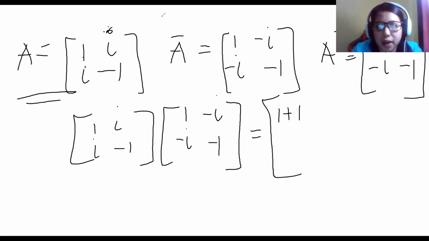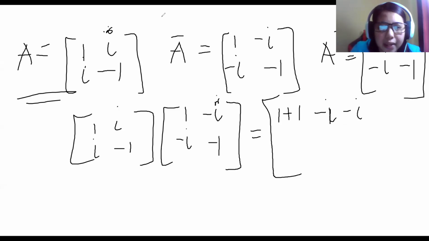So 1 times 1 is 1. 1 times negative i is negative i plus a negative i.